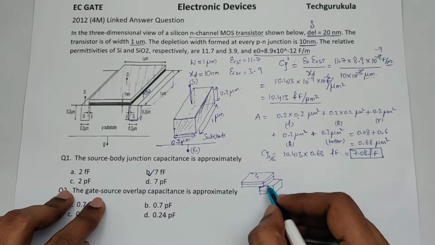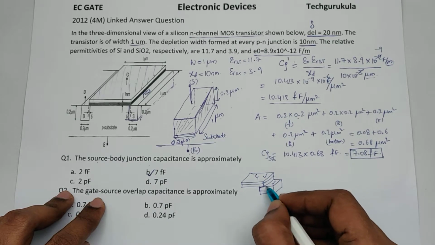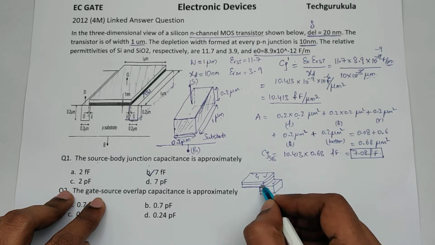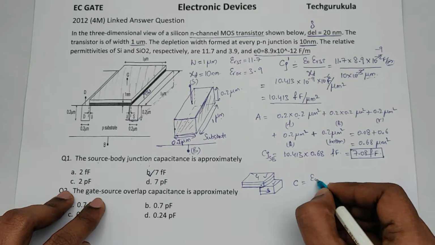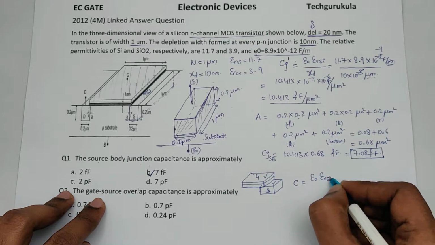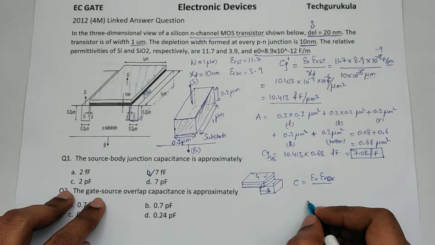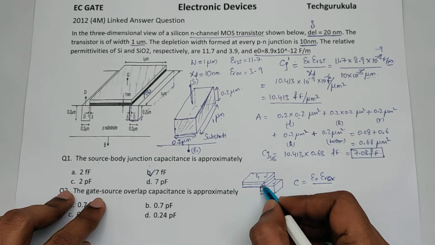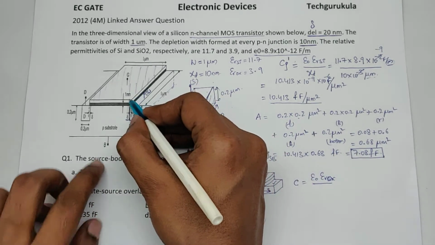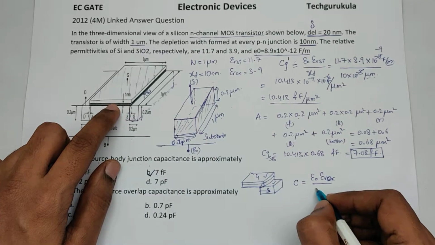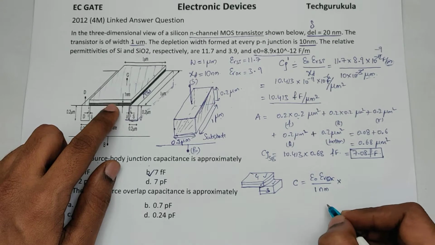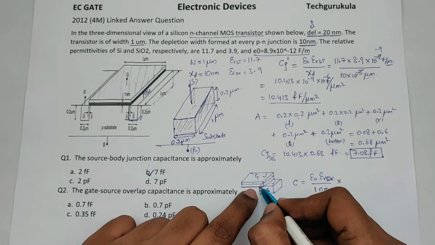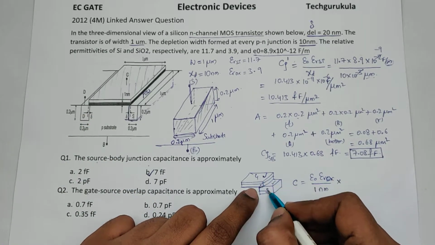Now let's find the capacitance between this plate and this plate, which is separated by the oxide, silicon dioxide. So the capacitance will be equal to epsilon naught epsilon r of oxide divided by, now these two plates are separated by the thickness of the oxide, which is given here, the thickness of the oxide 1 nanometers. So let me write that 1 nanometers times the area. Area is nothing but the overlapping area between the gate and the source.